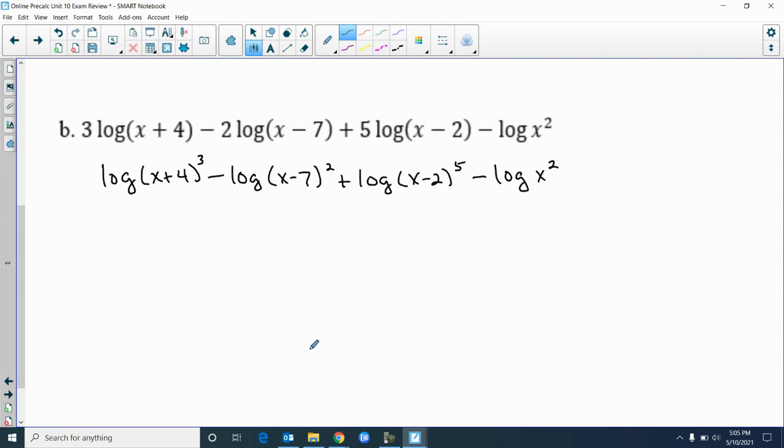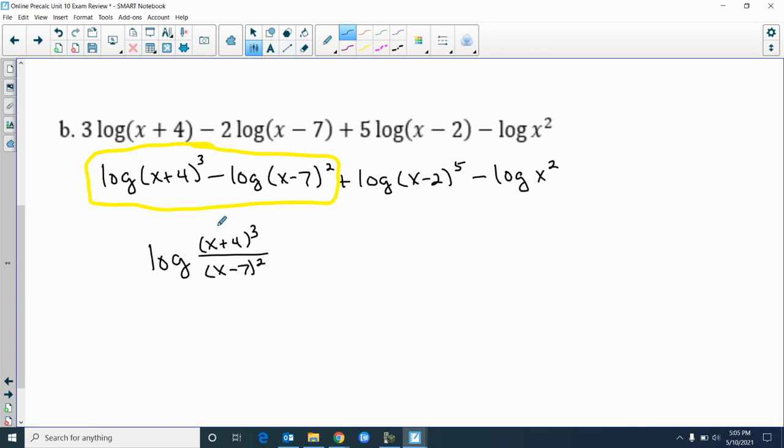I don't need to do anything with that. We can't do anything with this x plus 4. Like you cannot distribute that log. You just got to leave it, and we work from left to right, 2 at a time. If that's a minus, that means we divide. Log of x plus 4 to the 3rd power over x minus 7 squared.